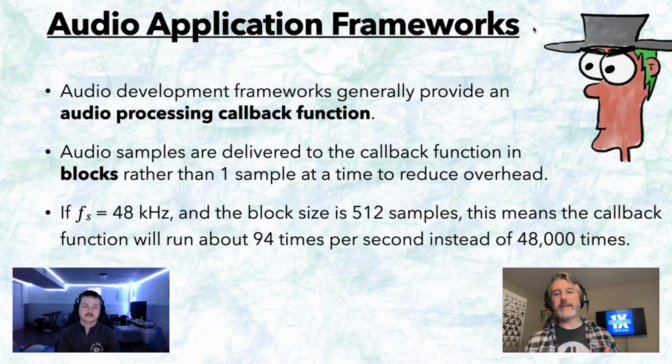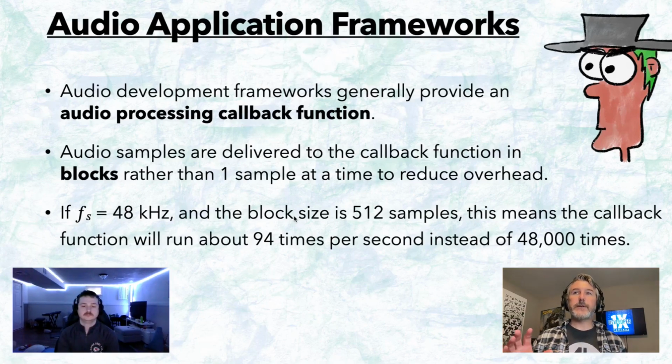All of that creates a little bit of overhead. And so it would be a little bit crazy to do that one sample at a time, even though in a perfect world, that's how we would do it. We would process one sample at a time. But we do it in blocks of samples.